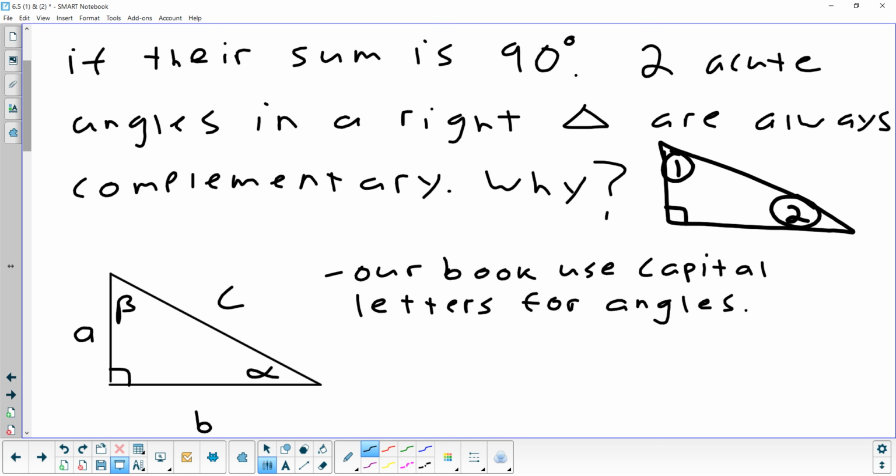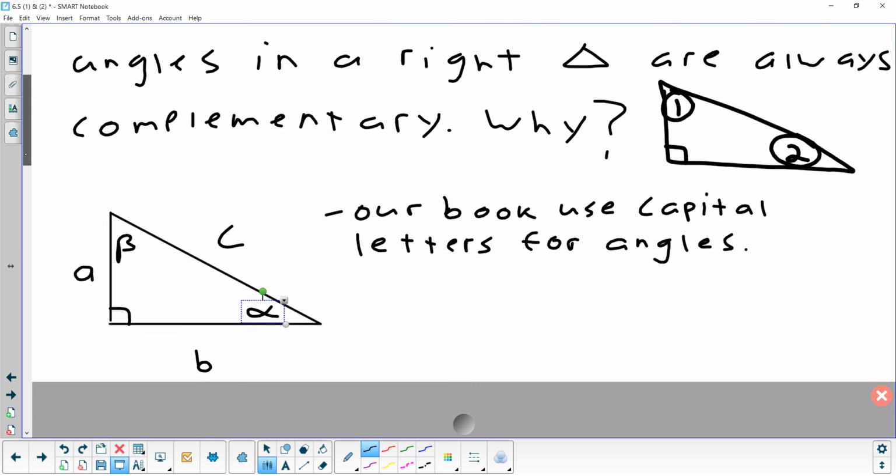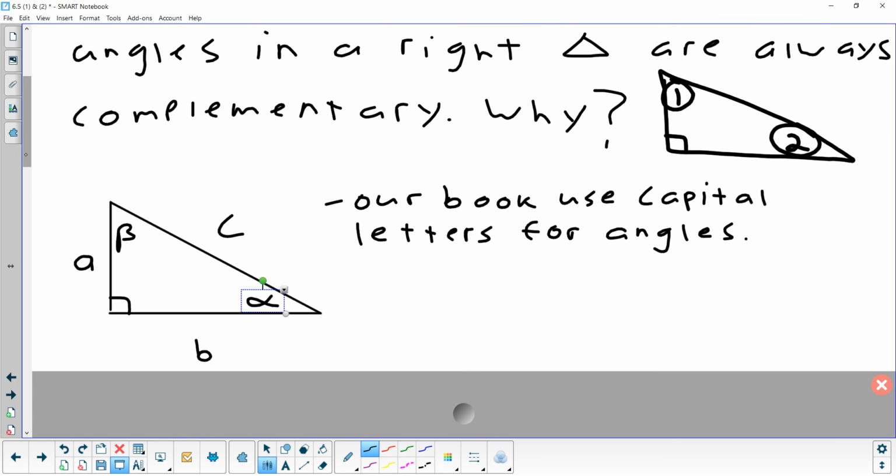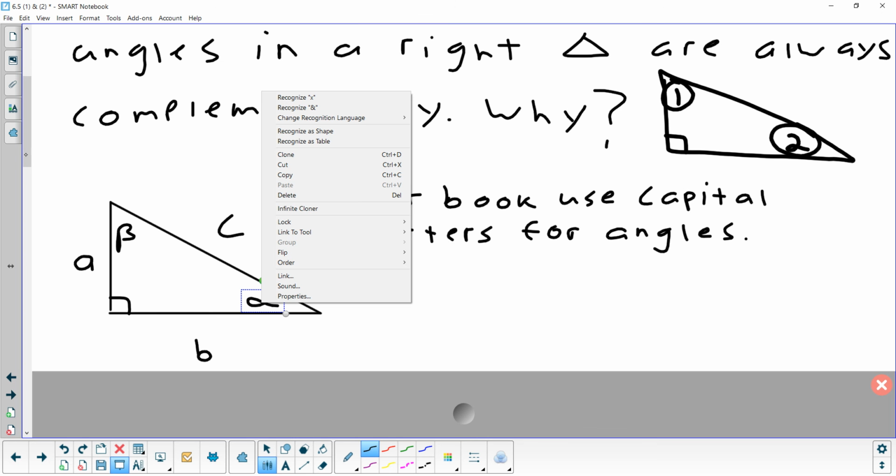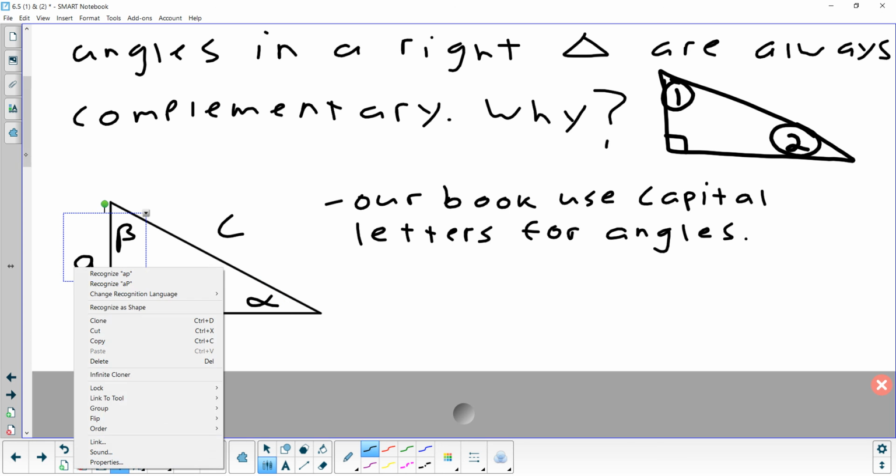So to make it easier, English letters will always represent sides. Greek letters represent angles. Anybody remember the name of that Greek letter? Alpha. First letter in the Greek alphabet goes with the first letter in the English alphabet.